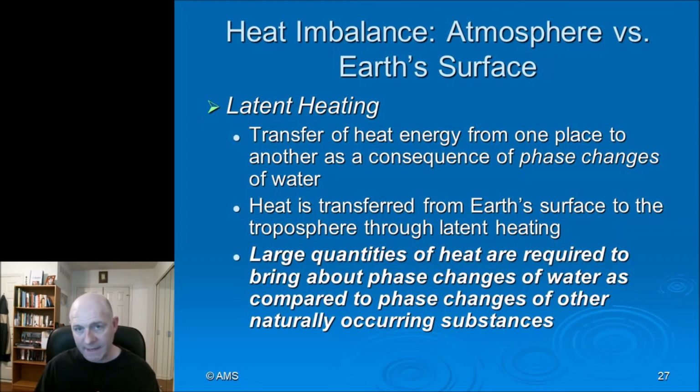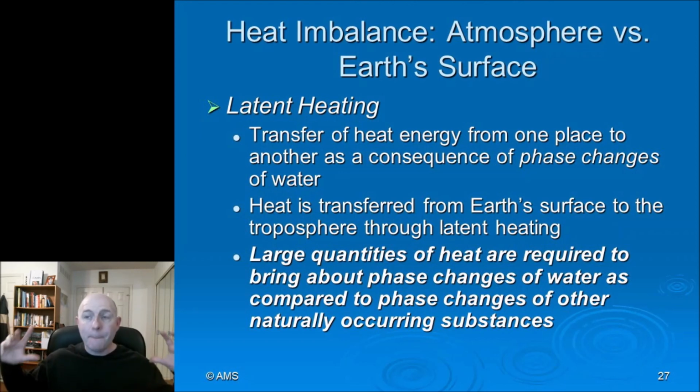So back to the latent heating thing, when we look at the atmosphere versus the Earth's surface, that transfer of the heat energy from one place to another as a consequence of the phase changes of water is transferred from the Earth's surface to the troposphere through that latent heating. So what do we mean by that? Huge amounts of heat are required to bring about the phase changes of water compared to phase changes of other naturally occurring substances.